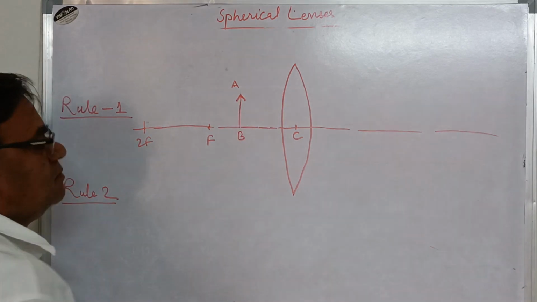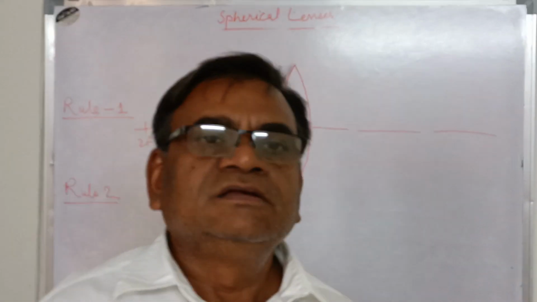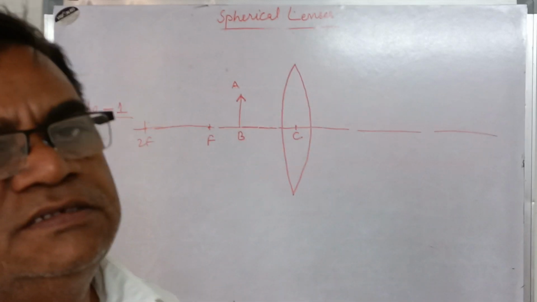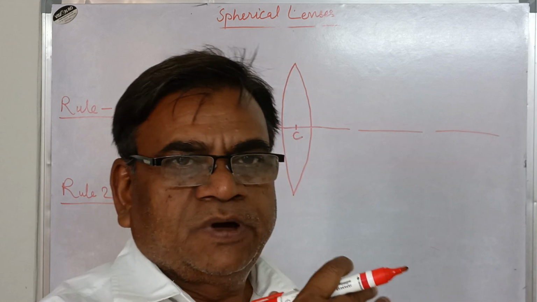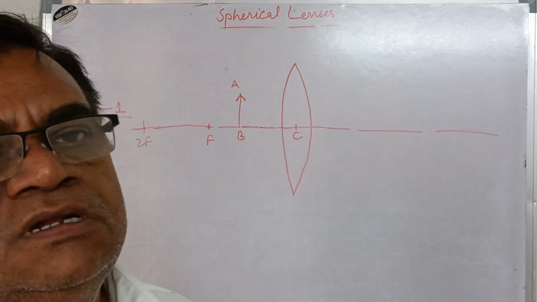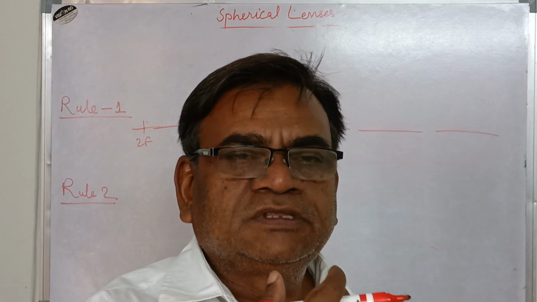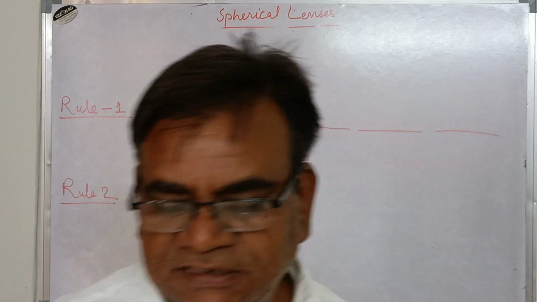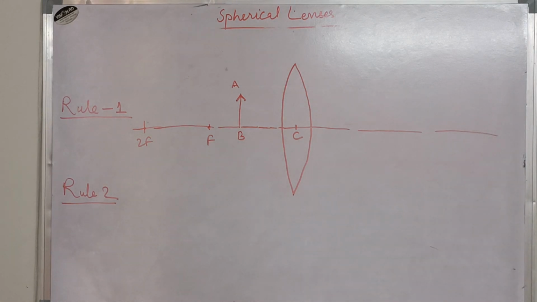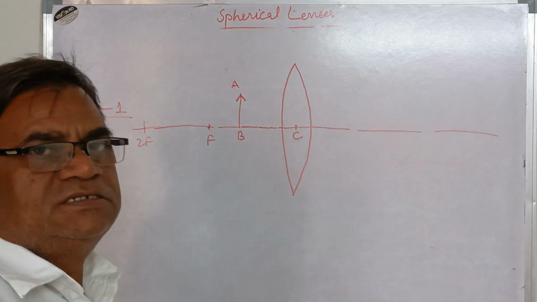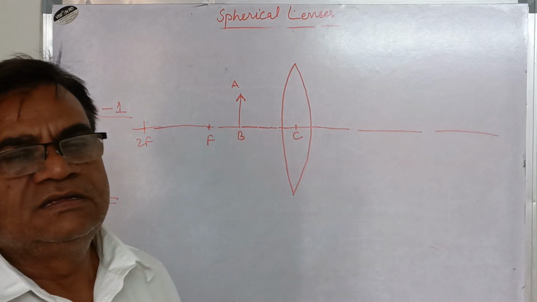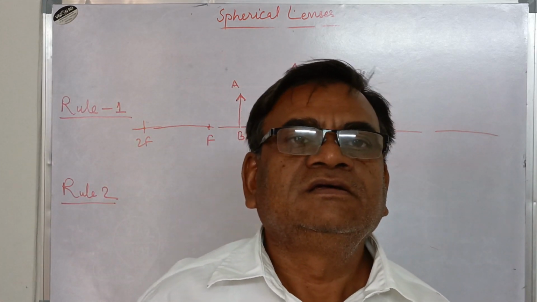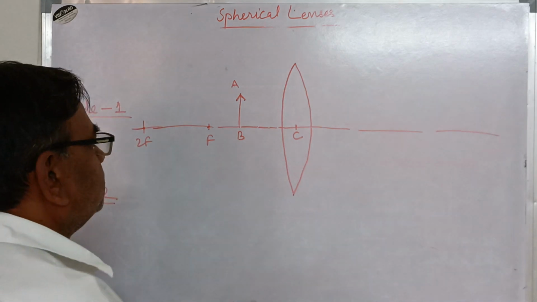You can take two or three types of rays that follow the rules, like a ray parallel to the principal axis, a ray passing through the focus, and number 3, a ray passing through the optical center C. For the formation of images, a minimum of 2 rays are necessary, so that they may cut at some point, and we decide the location of the image of that point of the object.